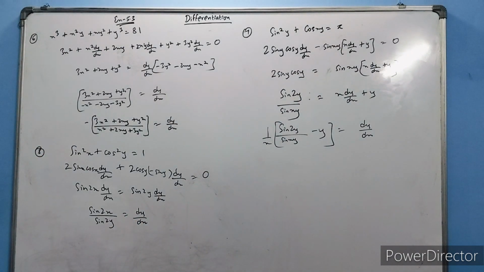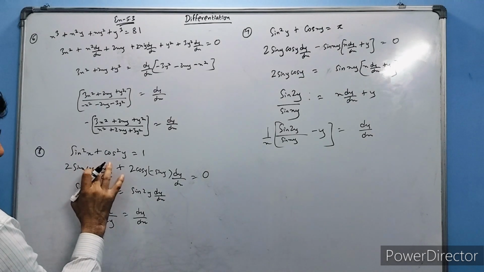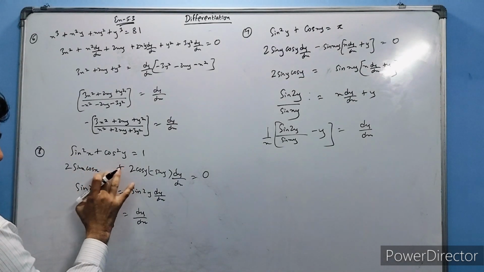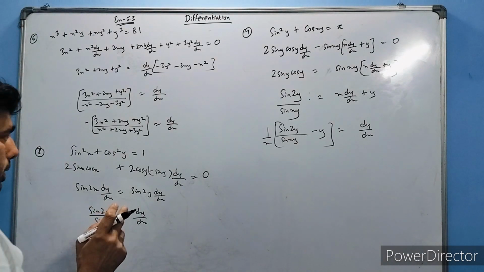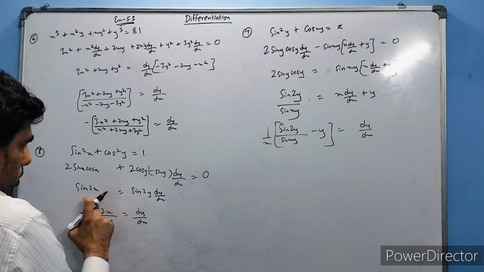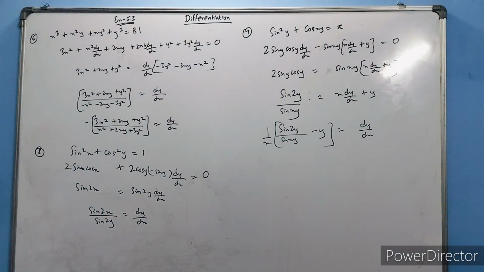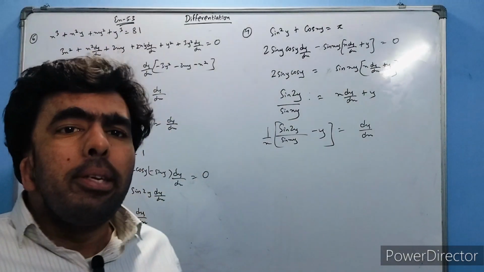Okay, 2 sin x cos x, so we have taken this to that side. So we have sin 2x upon sin 2y is equal to dy upon dx. So that's how we try to differentiate an implicit function.